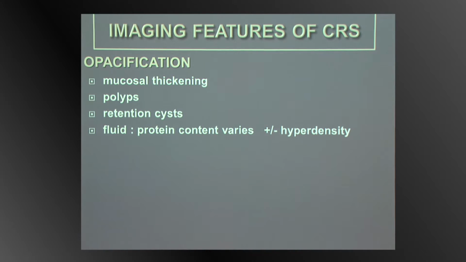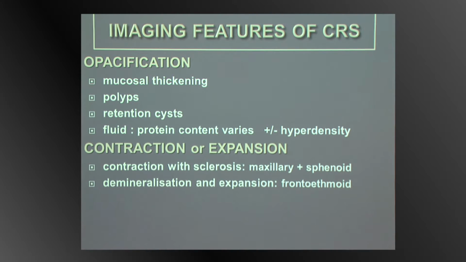So the imaging features of CRS: mucosal thickening, polyps, retention cysts, fluid, protein content, various hyperdensity, contraction or expansion. And it's interesting, the maxillary sinus is the one, as Gav said today, that will contract and become thick-walled. The sphenoids do as well, but the ethmoid, the frontoethmoid region, tends to demineralize and expand.